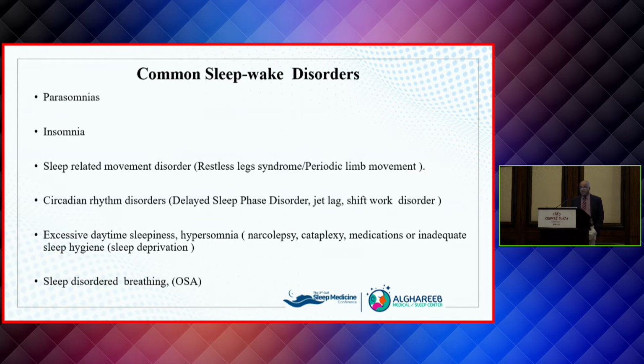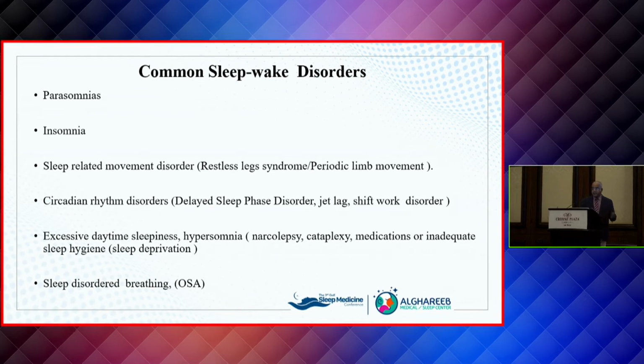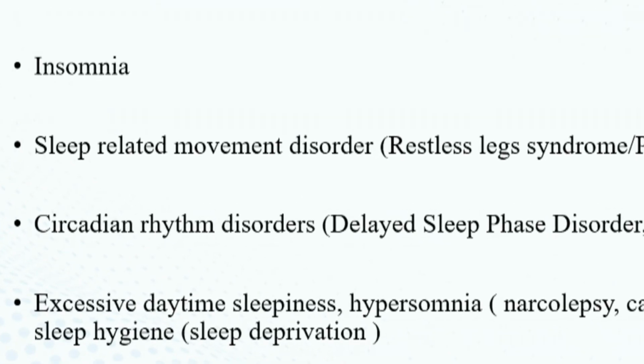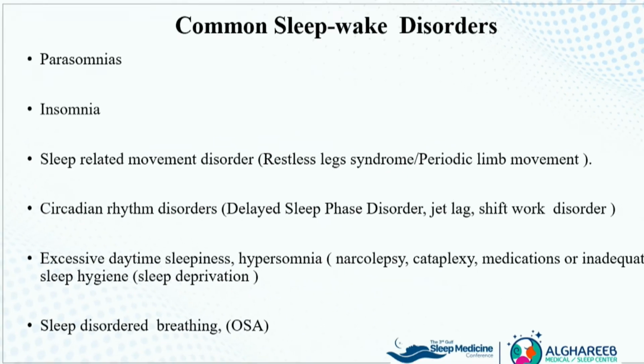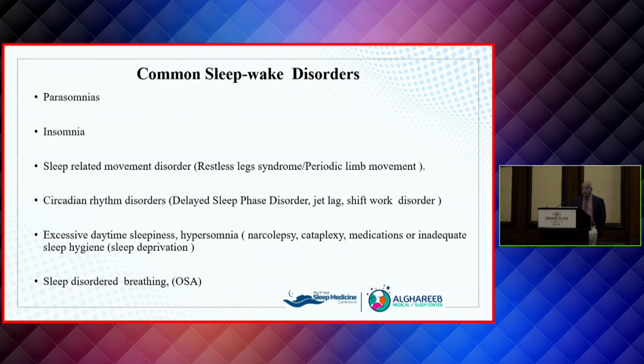What are the sleep problems? I will speak generally about parasomnias: sleep talking, sleepwalking, and so on. There is insomnia, there is sleep-related movement disorder, restless leg syndrome, and there are circadian rhythm disorders such as delayed phase, jet lag, and shift work. Of course, this is not for the children, but in general, this is one of the circadian sleep problems.